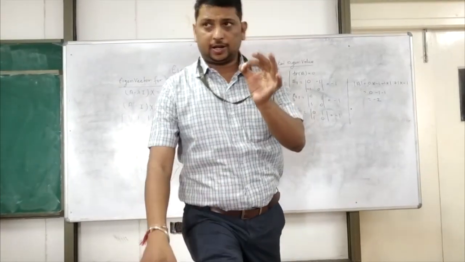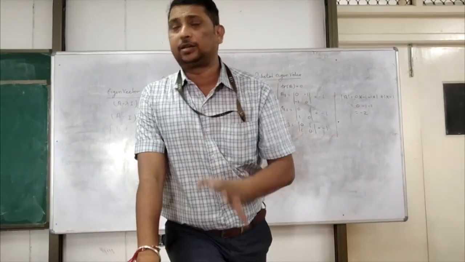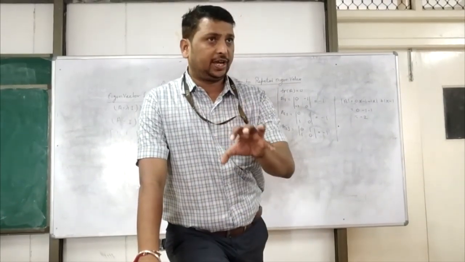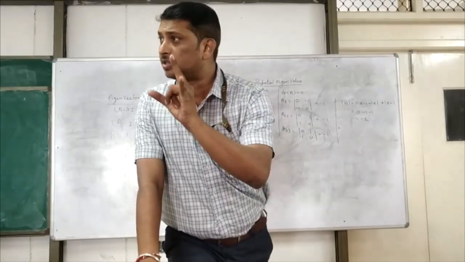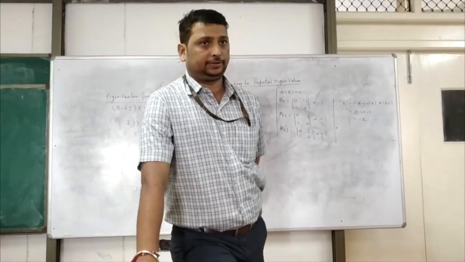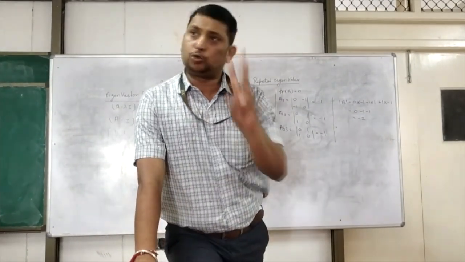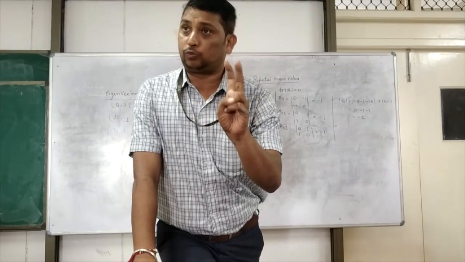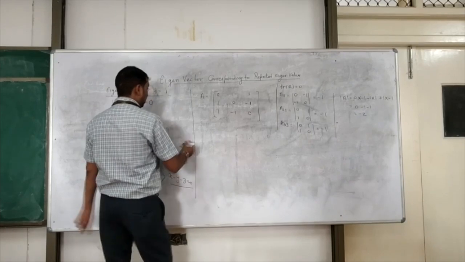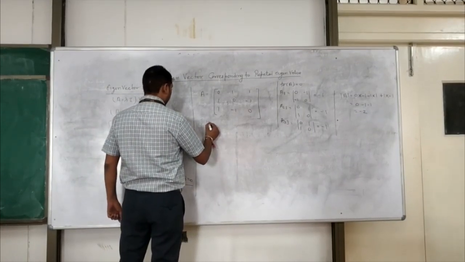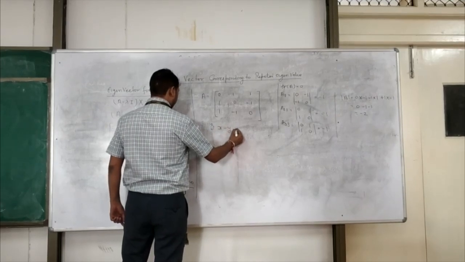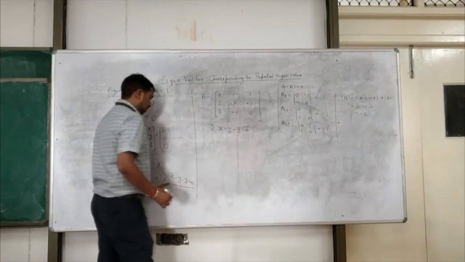So when eigenvalues are repeated, you see all equations are the same. Now how do we find the eigenvectors? Two methods are there. One, as usual, the equation is x minus y minus z is equal to 0.